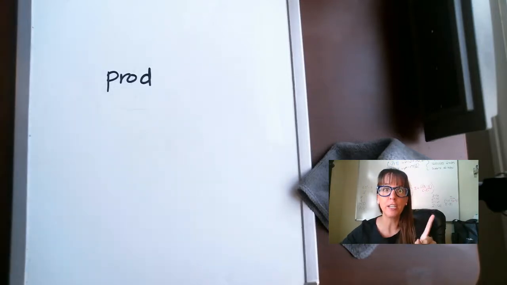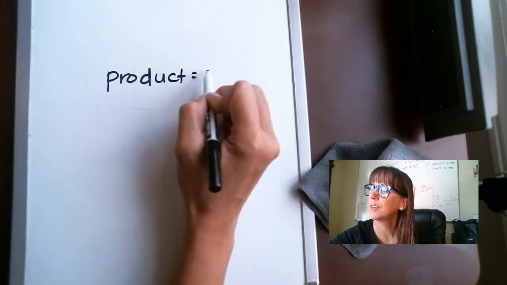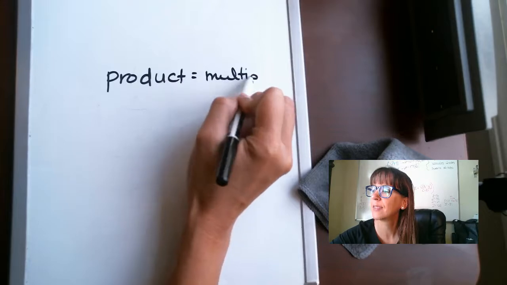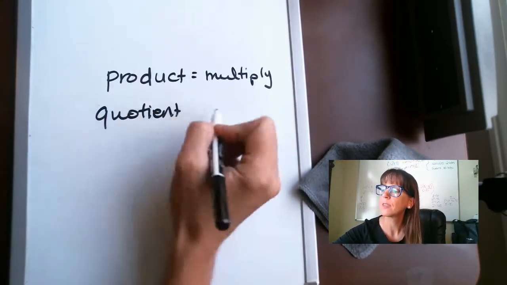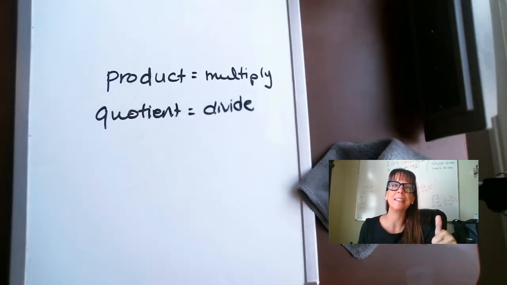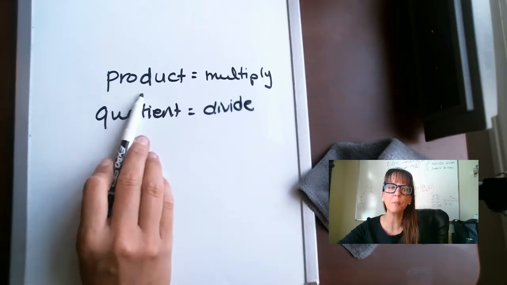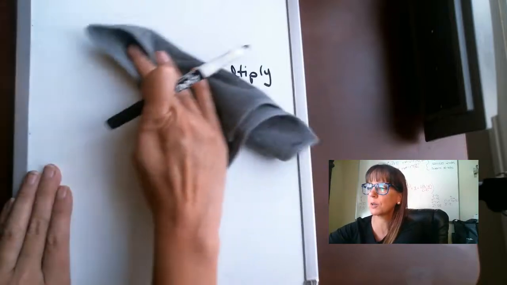This is a good definition that you'll need. Product equals multiply. Quotient equals divide. So we know from the previous lesson that sum is adding, difference is subtracting, and now we know that a product of two numbers means to multiply them, and the quotient means to divide them. Okay, so those are important.